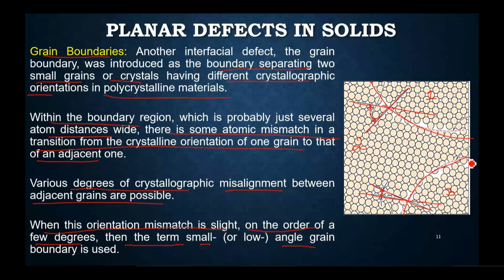Comparing the angle over here and over here, this grain boundary could be referred to as a low angle grain boundary, and this one as a high angle grain boundary. All right, is this clear to you?